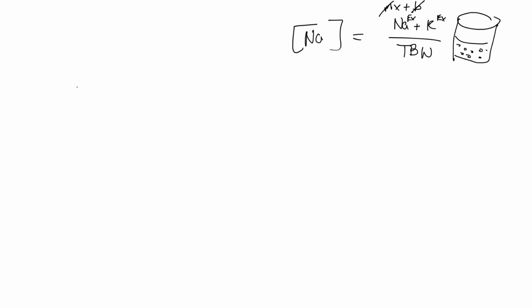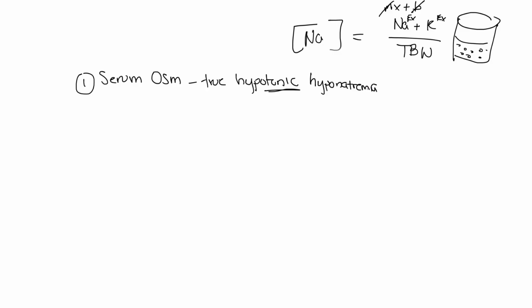The first thing that I check is going to be my serum osms because I want to make sure that they are true hypotonic hyponatremia. Again, hypotonic being the key, right? Let's make sure this is not an increased protein or lipid state or glycemic or ethanol type of thing.